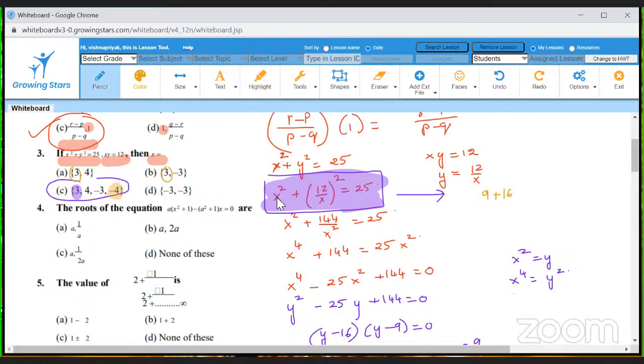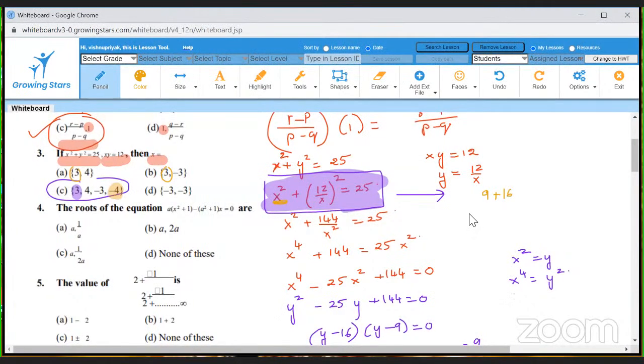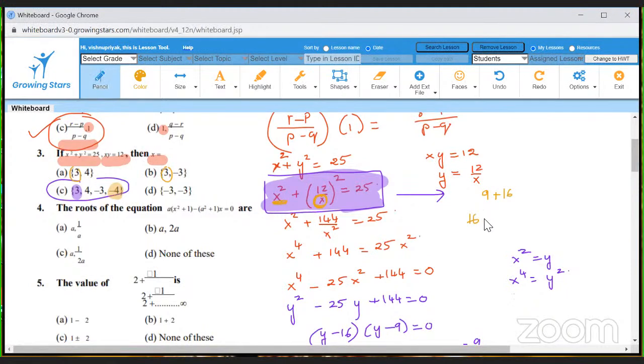So how to check? Put x as minus 4. Whole square, 16. 12 by minus 4 is minus 3. When you square minus 3, you will have 9. You are getting 25. So for minus 4, you are getting the correct answer. For 3, you are getting the correct answer. That means option C will be correct.